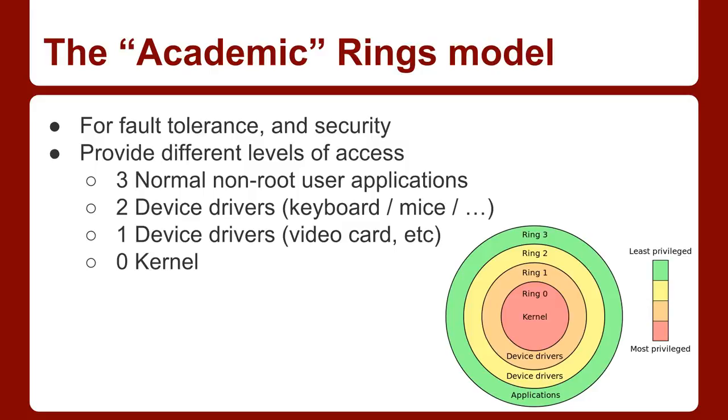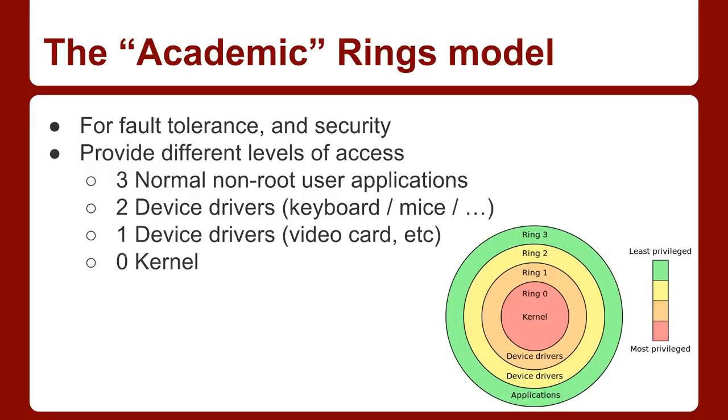So ring 0 is typically for the kernel, and this is both in Linux, Windows, and anywhere. And academically, ring 1 and ring 2 are reserved for device drivers, things that could exist in the kernel but are pushed out of it and given less permission, so they risk less going wrong when they screw up, and they're given the least amount of permissions that they need in order to get the job done.